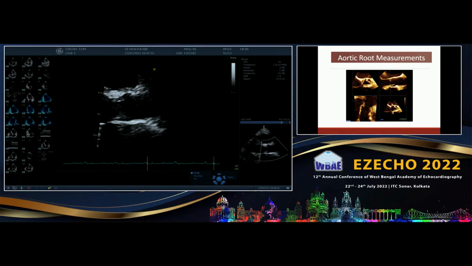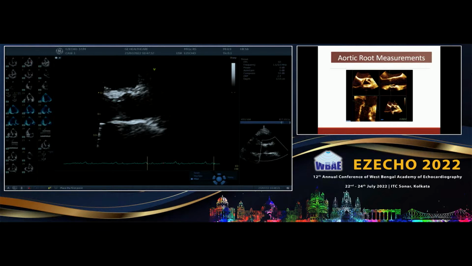You should take the hinge points for the LVOT diameter. Now that we take as an annulus, but as we know, it is a pseudo annulus, not the true annulus. The hinge point is not a true annulus because anatomically the true annulus would be where the muscle ends and the fibrous tissue of the aortic skeleton starts.